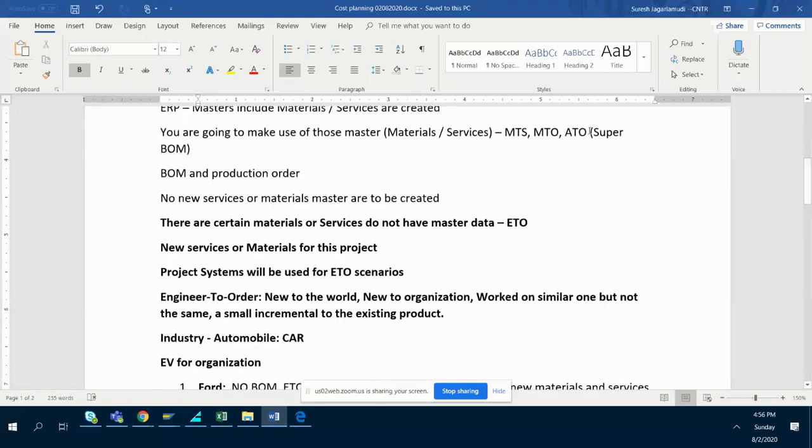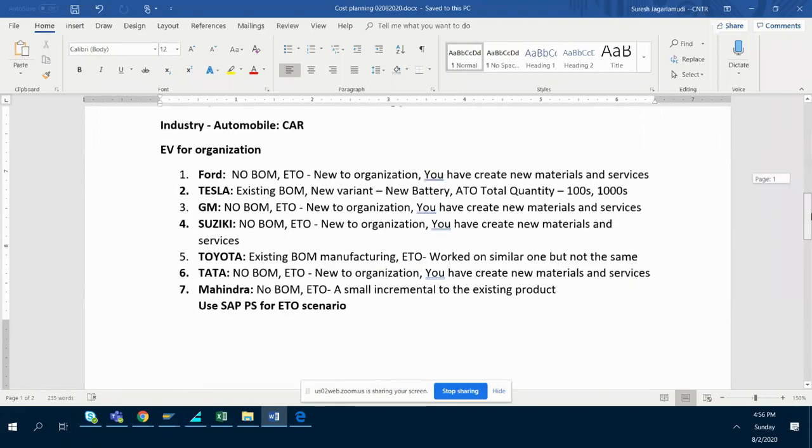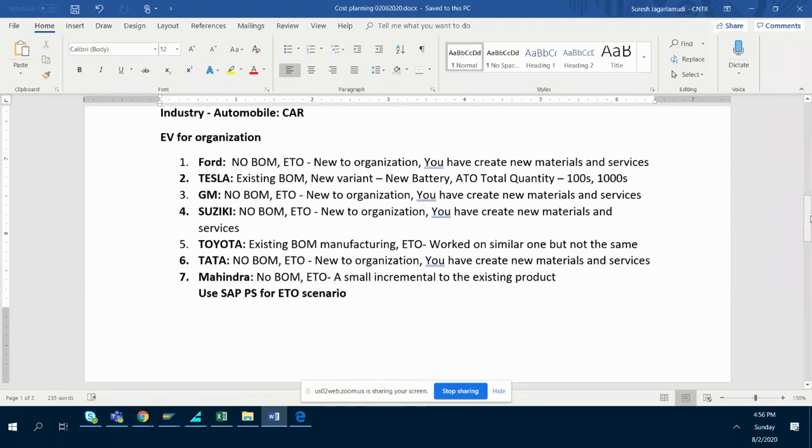ATO, same thing. By using Super BOM, you are going to repeatedly use that one. But when it comes to our ETO, you are not going to use any. Of course, you may reuse, but a very small amount, while a very big amount of materials and services you are going to create. Are we clear about that?